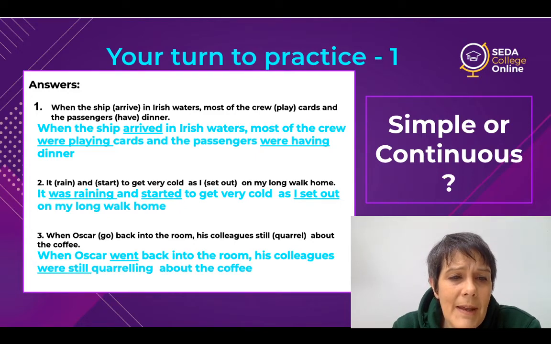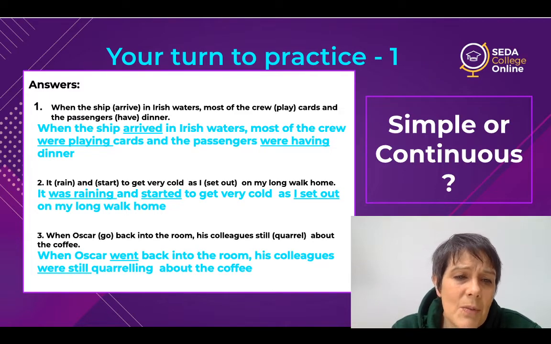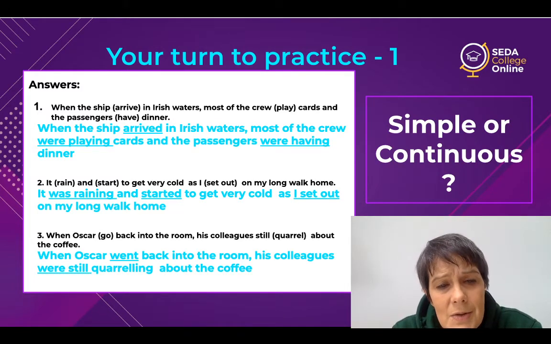Then the second one, it was raining and it started to get very cold as I set out on my long walk home. So it was raining because that's a continuous action. So it was raining before this story began, and it continued to rain.